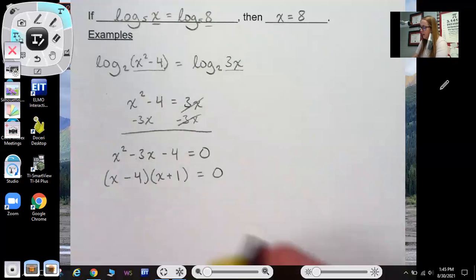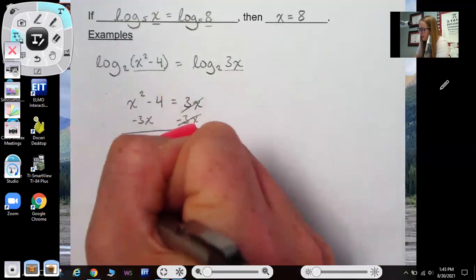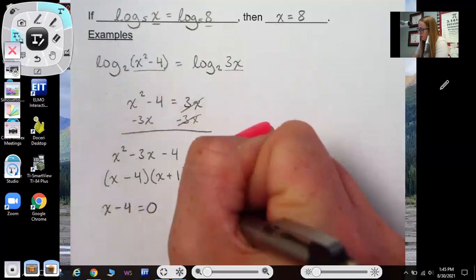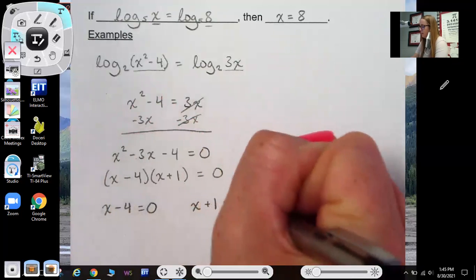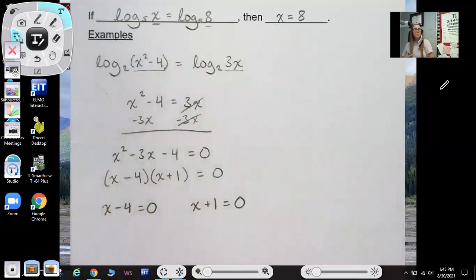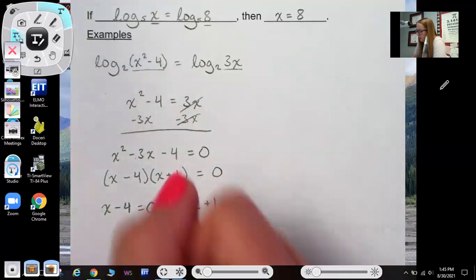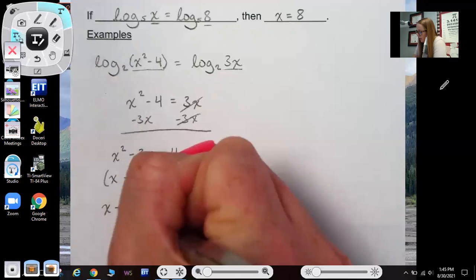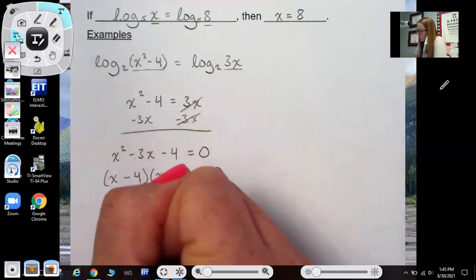After you get your two factors, you can set each factor equal to 0 separately and then solve for x. So we've got x minus 4 equals 0 and x plus 1 equals 0. Add 4 to both sides here, we get x equals 4.